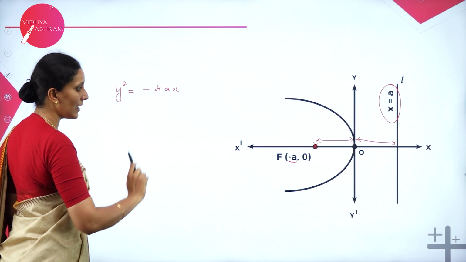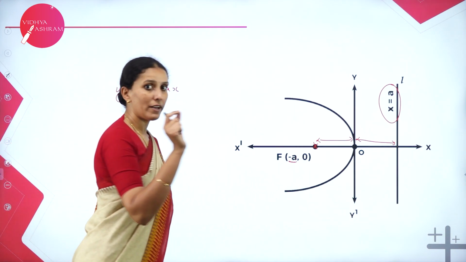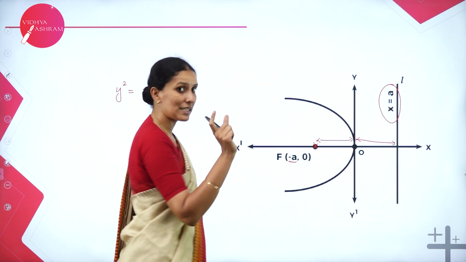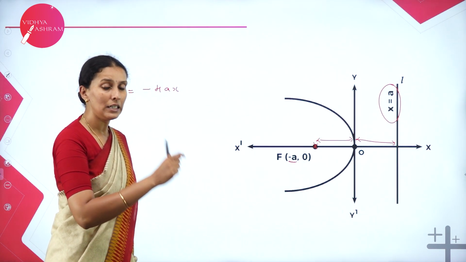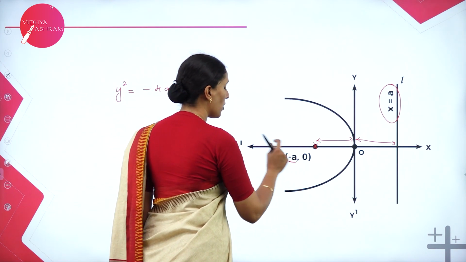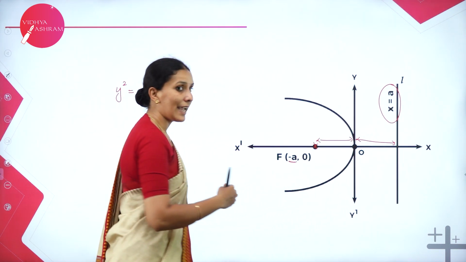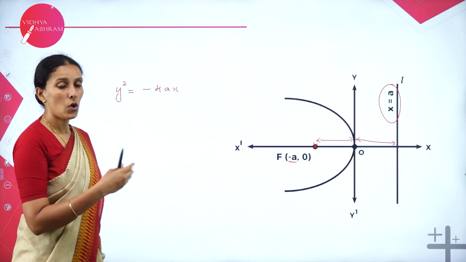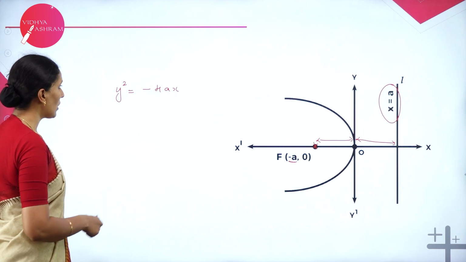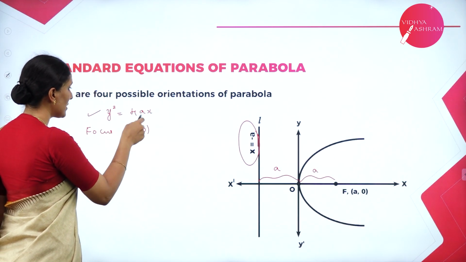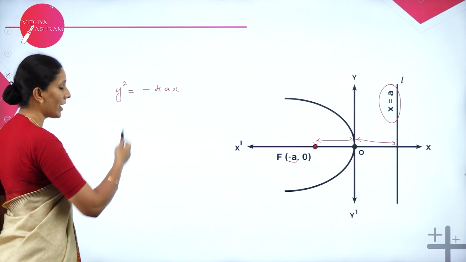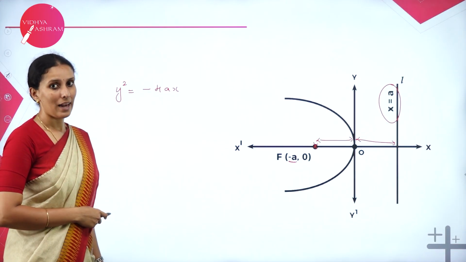Here you can clearly see a will always be positive. a can never be negative because a is only the distance between the focus and the center, and the directrix and the center. So a is positive; plus or minus indicates the direction. When it is plus 4ax, it is towards the right, and when you have minus 4ax, it is towards the left.